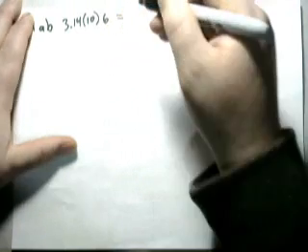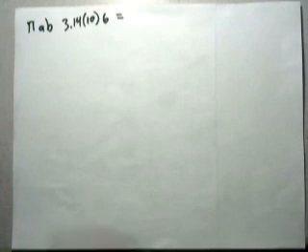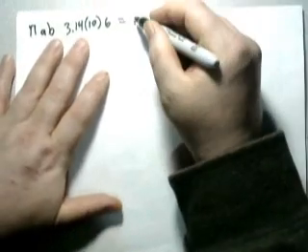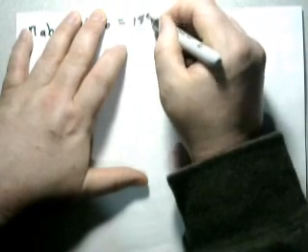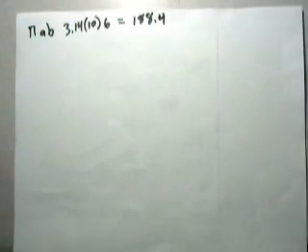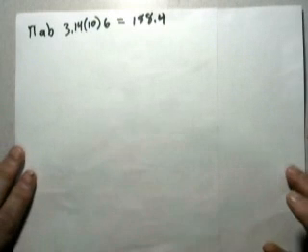And so that is 3.14 times 10 times 6, which is 188.4. Remember that the major and the minor axis have to be cut in half in order to do that.